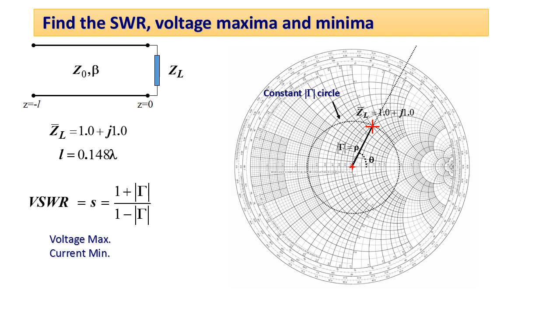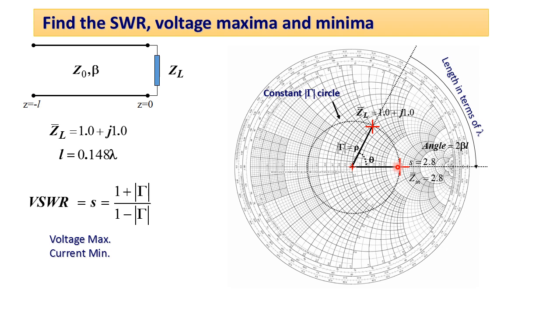Once we plot the impedance, we are able to find the standing wave parameters like voltage maxima, minima, and SWR. First of all, when we plot the load, through the load we draw the circle, and the point where the circle intersects this part of the line on the Smith chart gives the value of SWR.